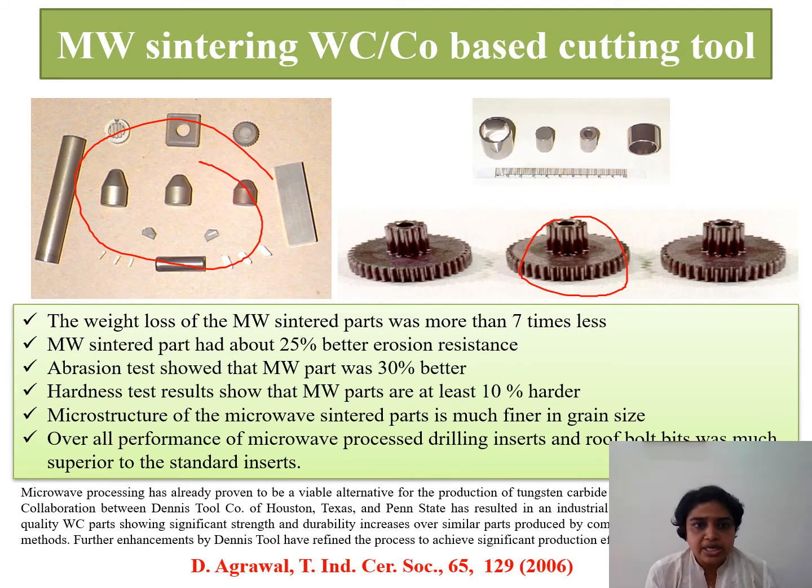Now what was the reason behind that? The microstructure of this microwave sintered part is much finer in grain size, that's why they are harder. Once the grain size decreases, they follow the Hall-Petch relationship. So hardness increases as the grain size decreases, because as the grain size decreases, there is an interference of dislocations, which increases hardness.